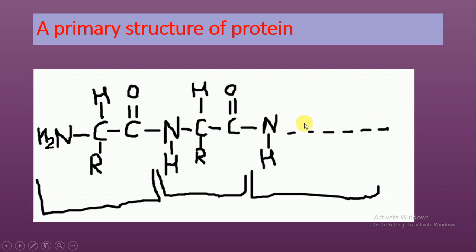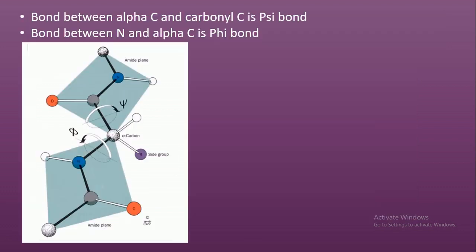This is the third amino acid. So in this structure we can see 1, 2 and 3 amino acid structures which are forming peptide bond. These are the peptide bond. This is the linear chain structure of protein, and this is also called the primary structure of a protein.